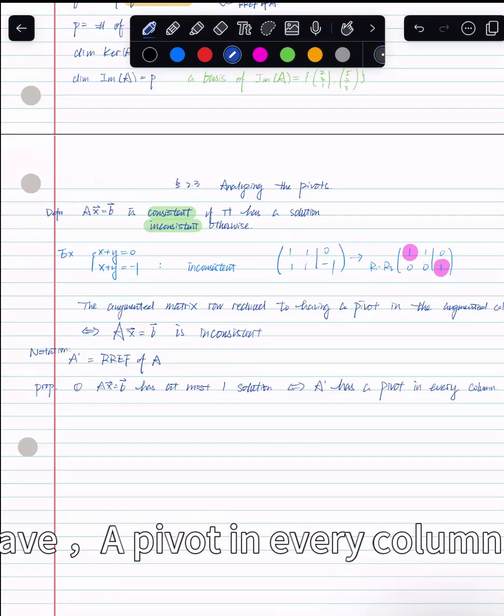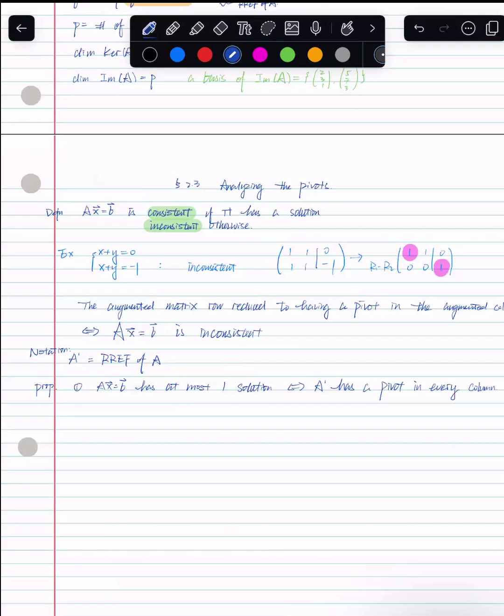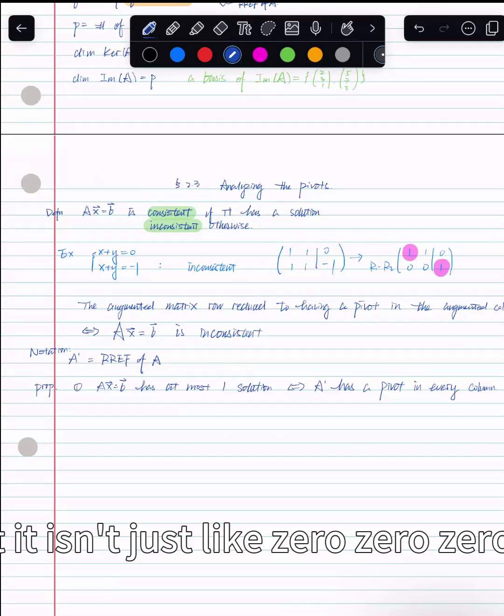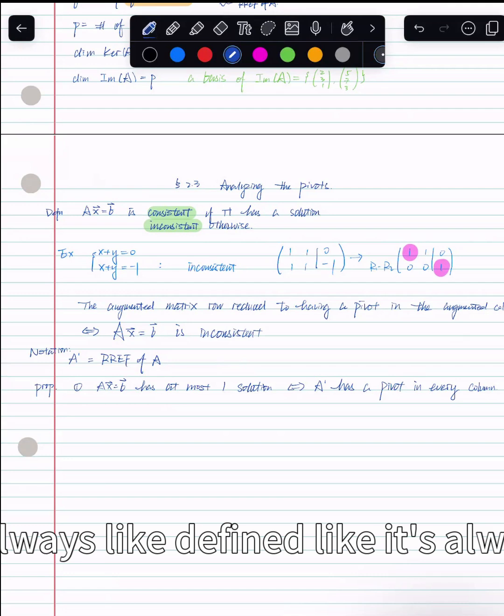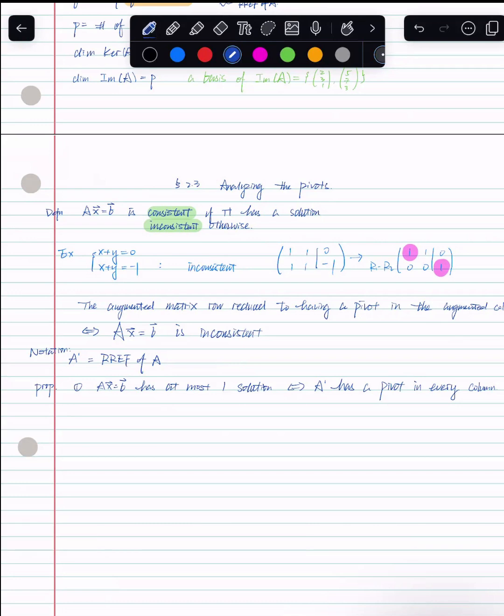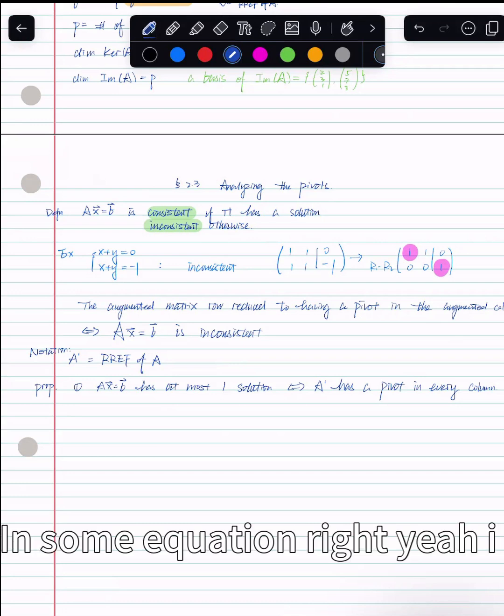If you have a pivot in every column, then that means not one variable is just a zero vector, it's always present in some equation.